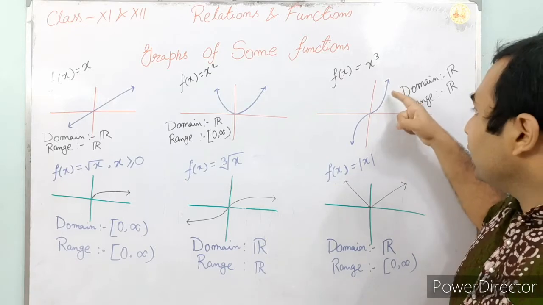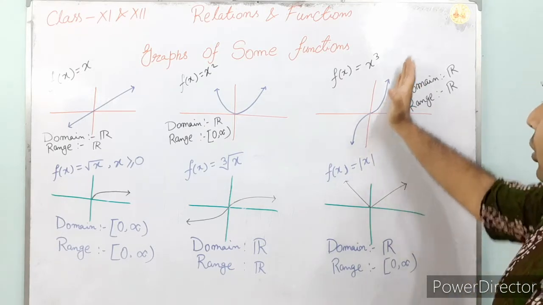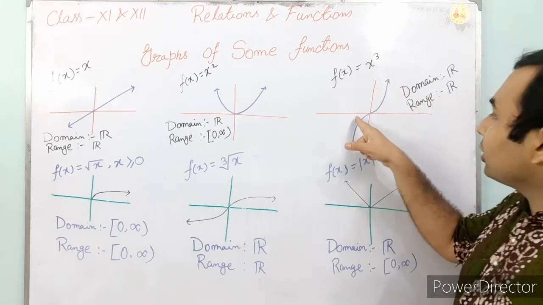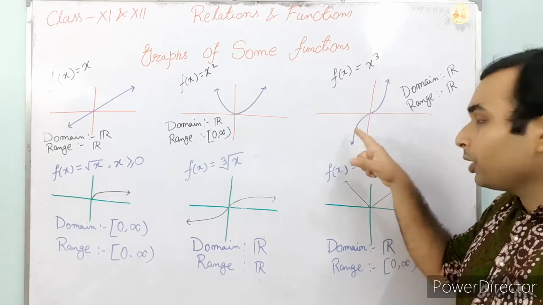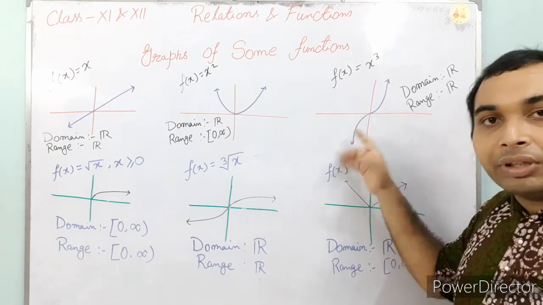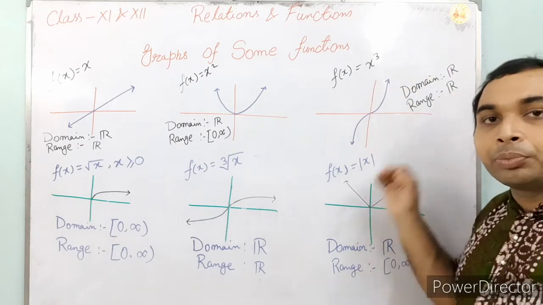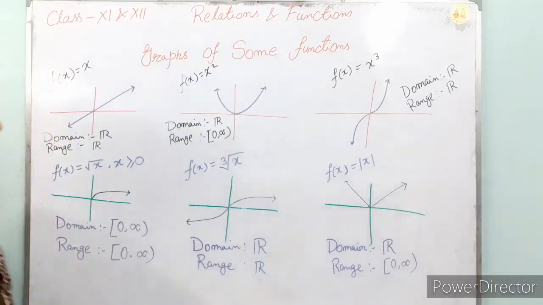Then (3, 27). So it is going in an exponential way. Also for the negatives, minus 1 gives minus 1, minus 2 gives minus 8, minus 3 gives minus 27. So the graph will be like this, and obviously the domain and range both are the total real number set.